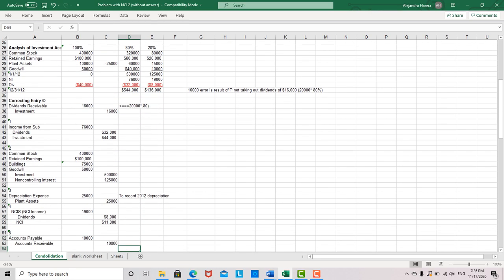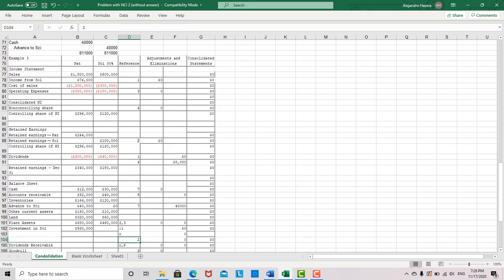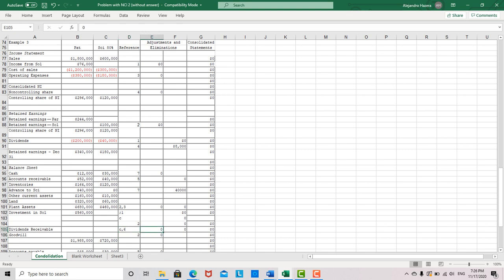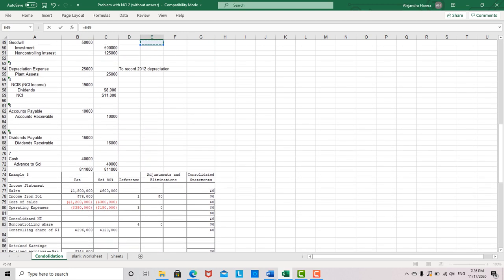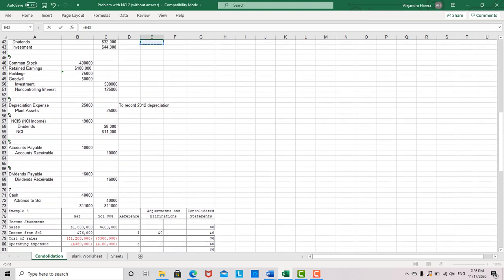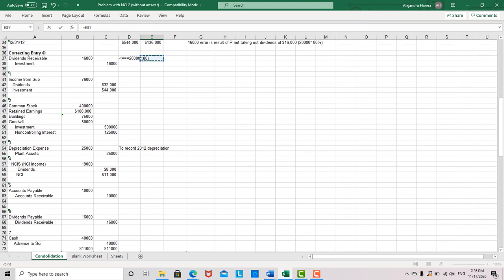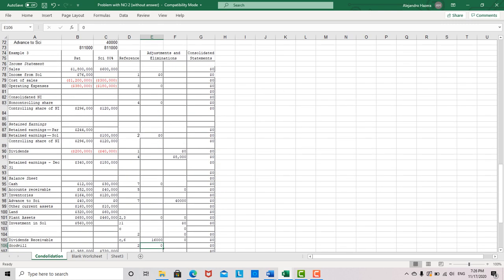So I'm going to use the letter C for the correcting entry. You'll notice I have two C's here, and they're both the correcting entry. The first one is we're going to debit dividends receivable for $16,000 because they owe us dividends, but we'll end up eliminating that anyway because you can't owe yourself dividends.